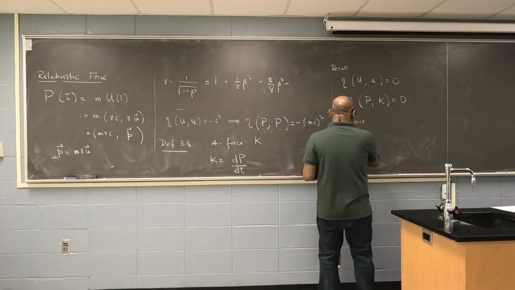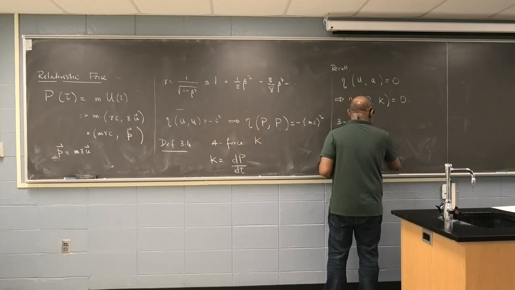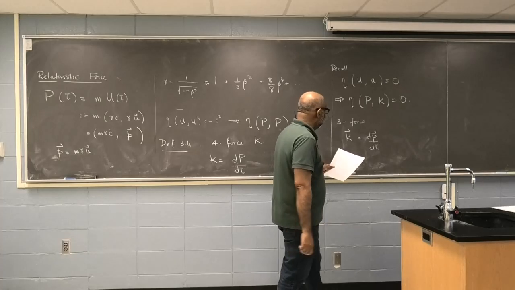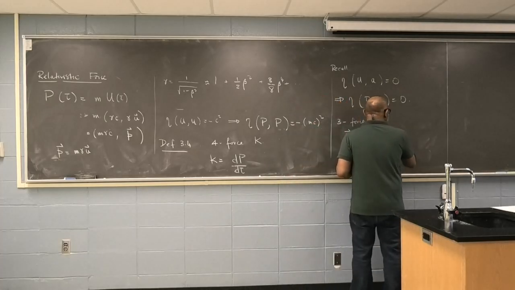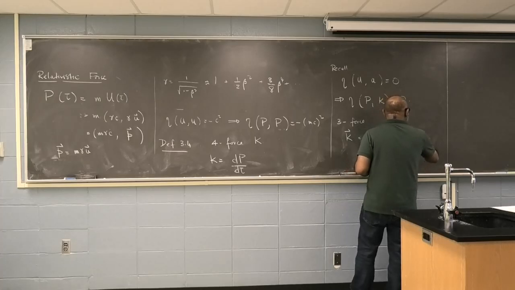Well, that's just dp/d tau, and that's equal to dt/d tau times dp/dt.